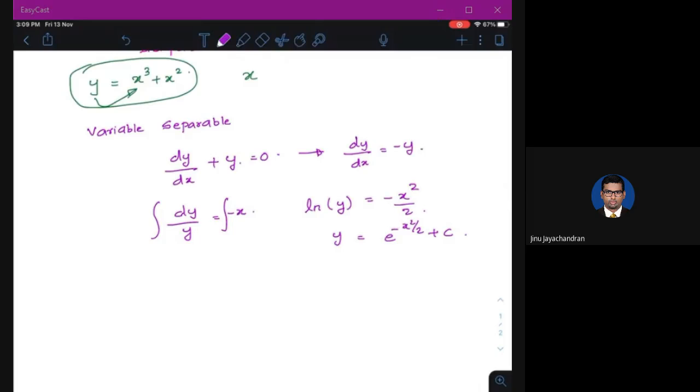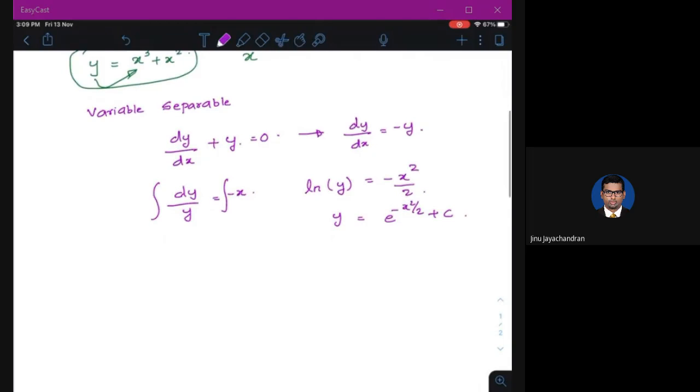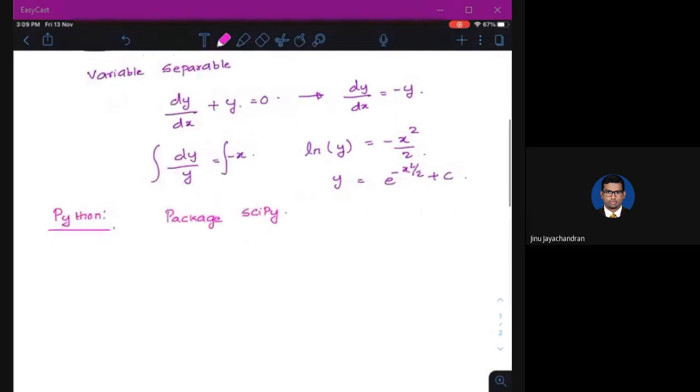Okay, so in Python, you are going to use the package SciPy. And in SciPy, in the module integrate, there is a function called odeint.